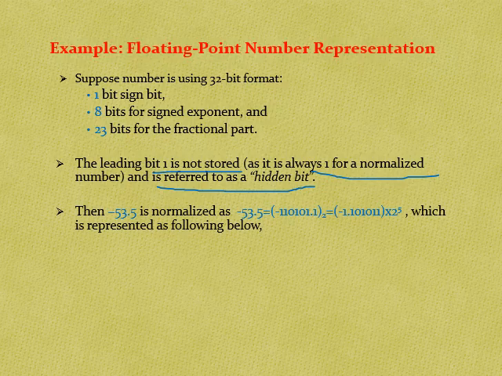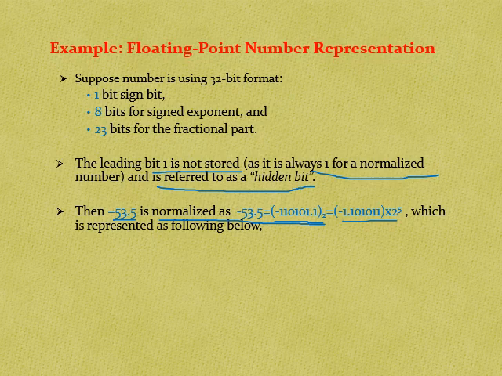Now if I take one example of minus 53.5, and if it is normalized, then the binary representation will be something like this. This is the binary representation of minus 53.5, and this is the generalized form for a floating point number.